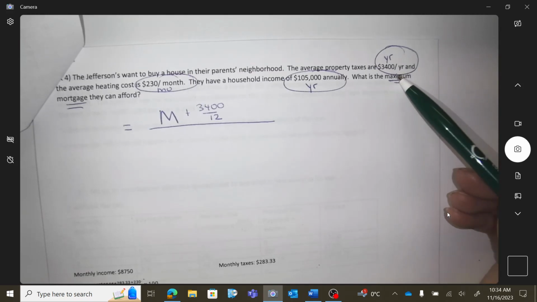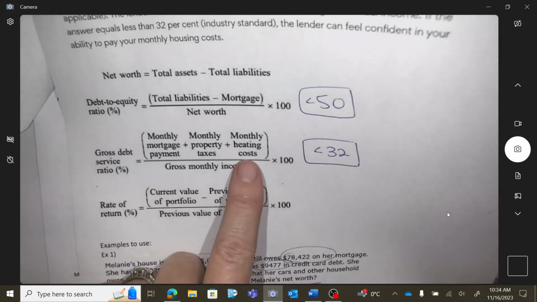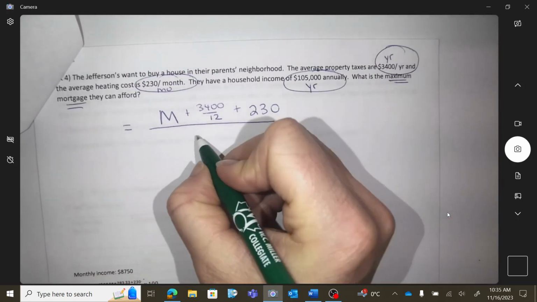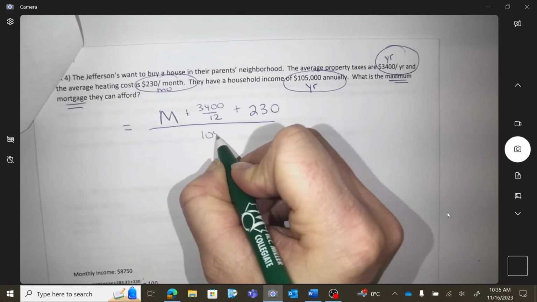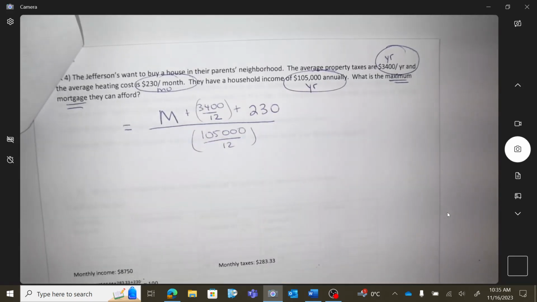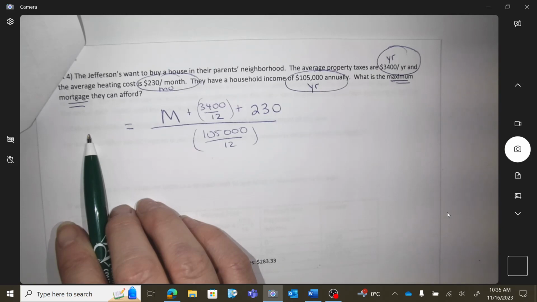So we said that number was a year, so make sure we divide it. Plus the monthly heating, so that's the $230, divided by the monthly income. And we're trying to maximize this.